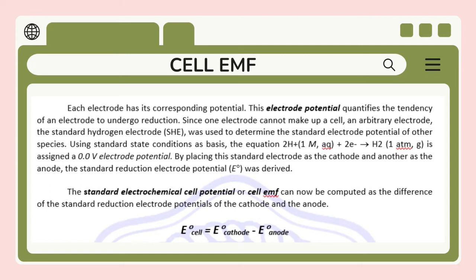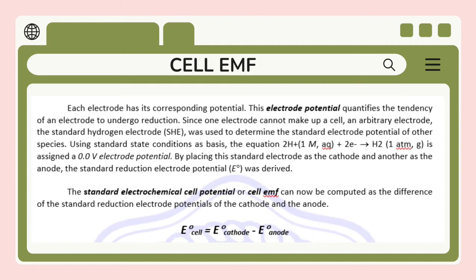By placing the standard electrode as a cathode and another as the anode, the standard reaction electrode potential, E°, was derived. So with that, the standard electrochemical cell potential, or the cell EMF, can now be computed as the difference of the standard reduction electrode potential of the cathode and the anode.